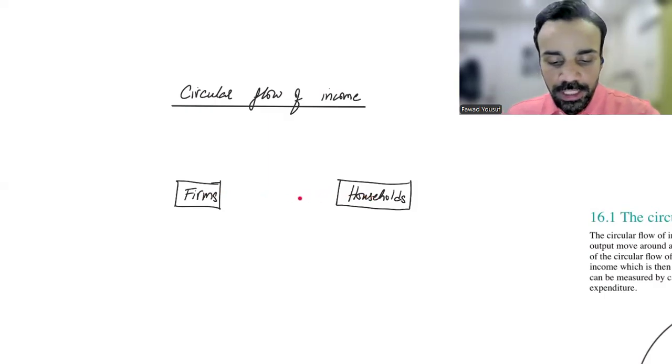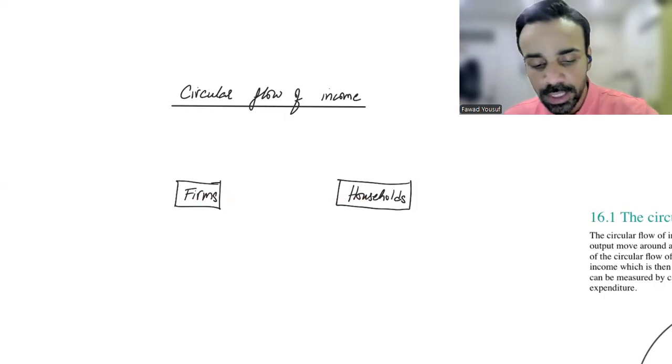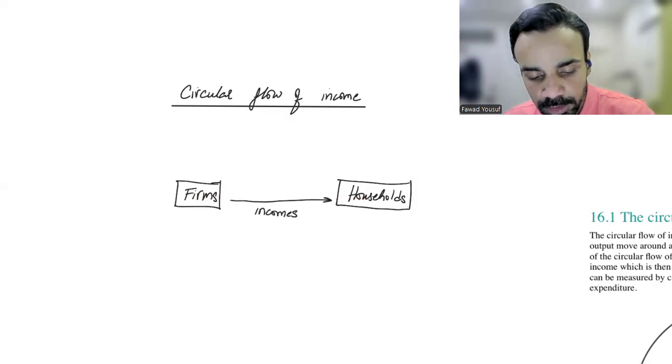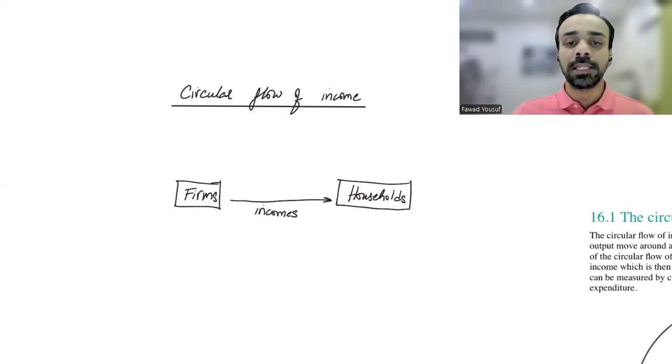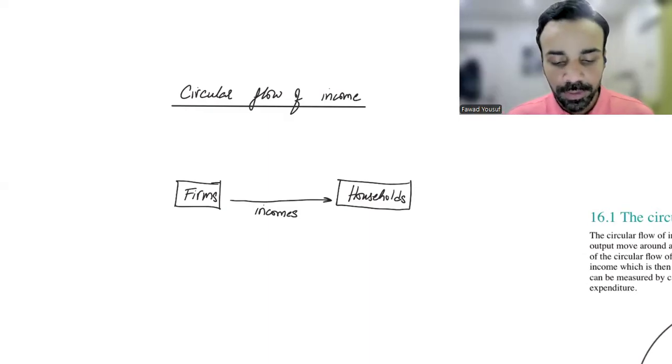Factors of production is provided by the households to the firms, and in return, the firms pay them incomes for it, right? Land के बदले में rent, wages, interest, profits. And there is another relationship.